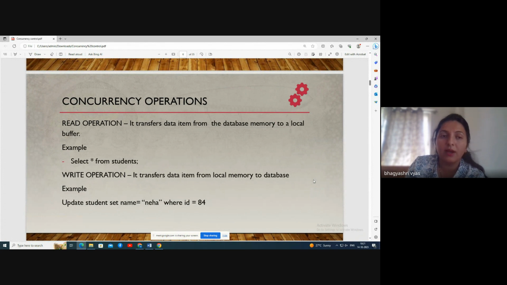Is everyone clear on the concurrency operation? See, this is the very basic part. First you have to understand this, then you can deal with different scenarios in concurrency operations. Is everyone clear? Yes or no?